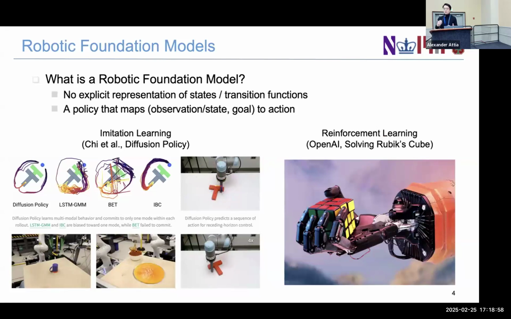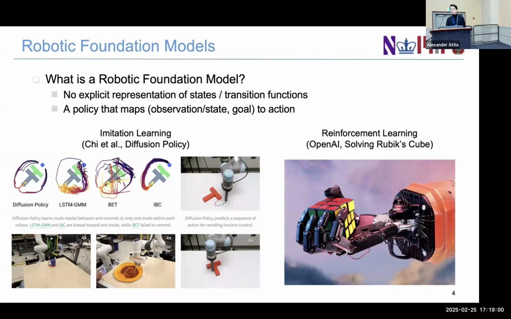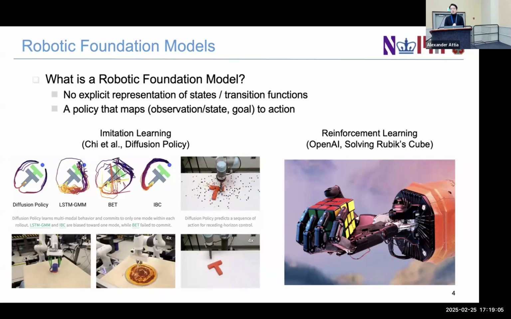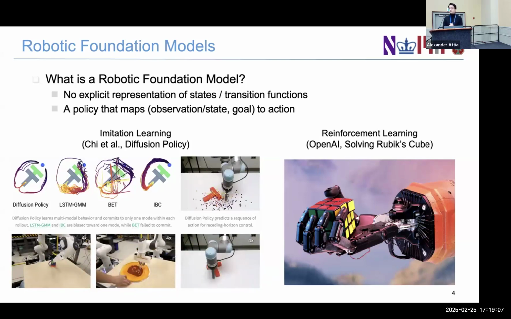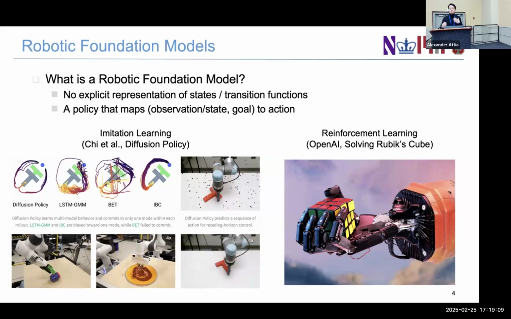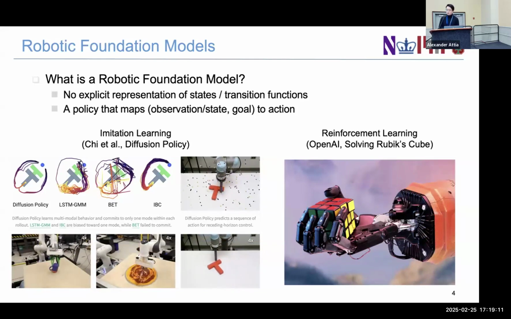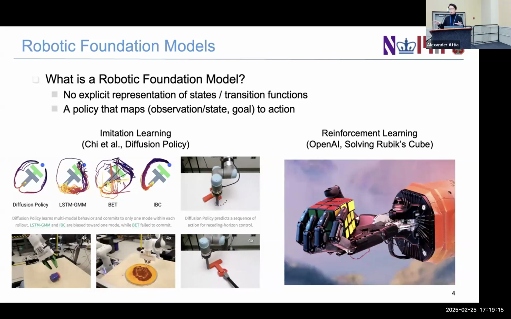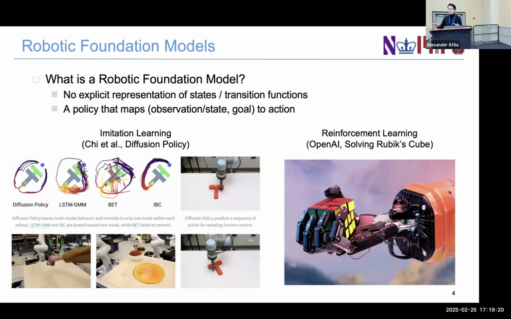Another category of this type of policy, which you might be familiar with, would be reinforcement learning, in which typically you learn the policies by interacting with the environment and accumulating rewards, which will be used to train or adjust your policies. I would call these a more traditional way of thinking about these policies.